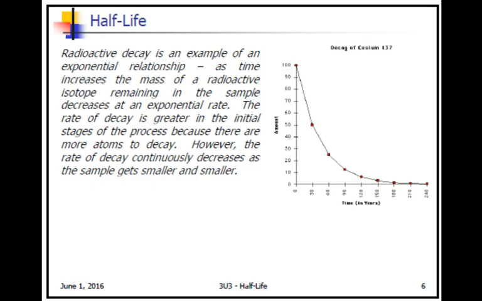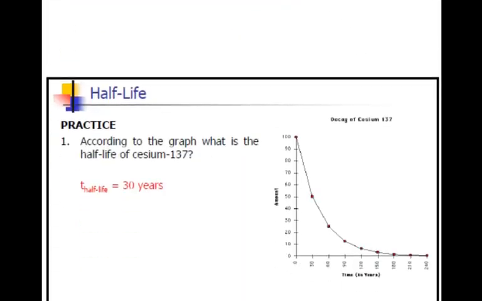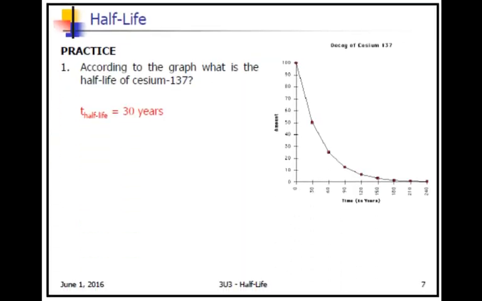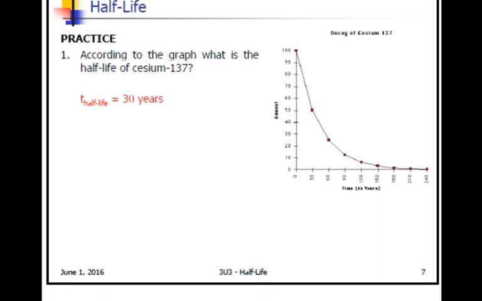That is the rate of decay, and you can see it's greater at the start, and then it starts to taper off and slow down as we go on. So this is the graph for cesium-137. Where's the half-life here? Well, it looks like the amount goes from 100 to 50 at about 30 years. So just reading from the graph, we can see that.